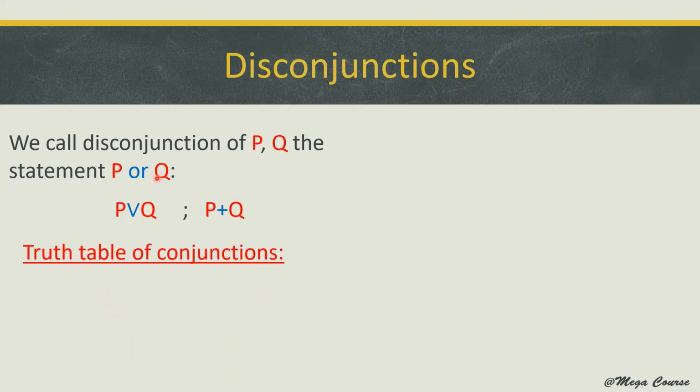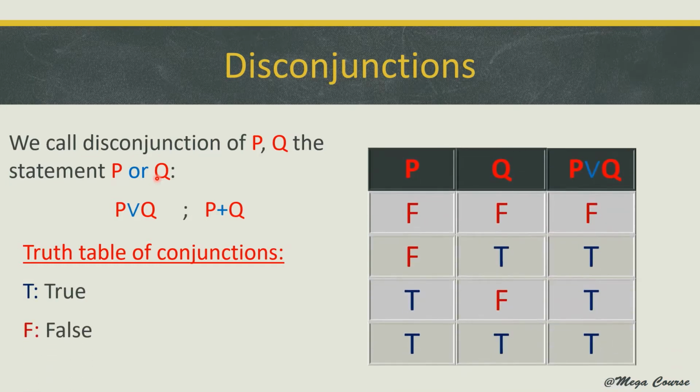The truth table of disjunctions is the following. Let T be true and let F be false. Whenever P is false and Q is false, the disjunction P or Q is false.